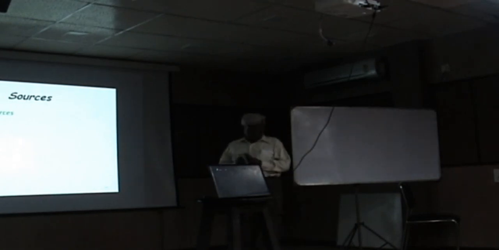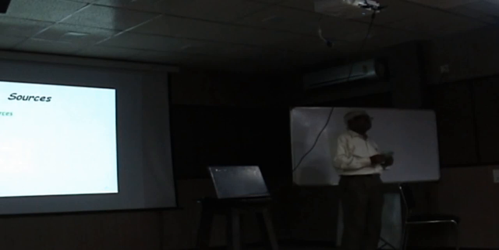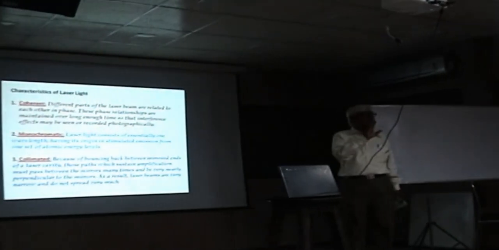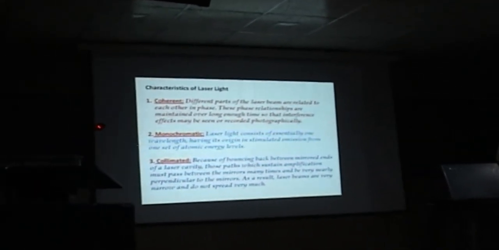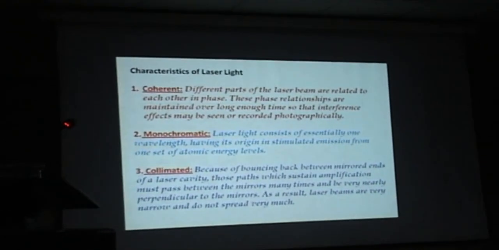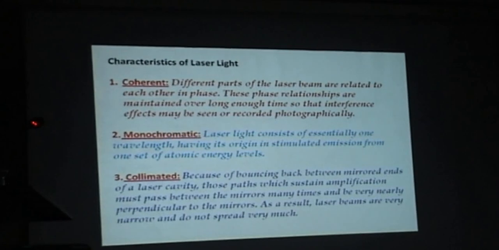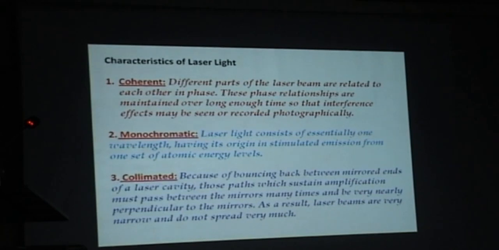And this type of absorption process finds application, for example, in isotope separation. A photon is characterized by its momentum, h nu by c. Momentum has three components, px, py and pz. And another property is the polarization of the photon. So these are the four numbers that are required to describe a photon.